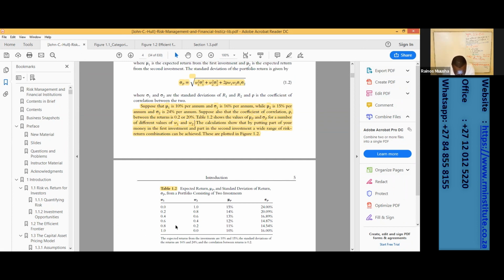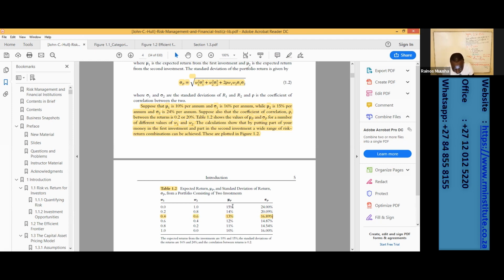What I'm going to do is quickly demonstrate how you would typically calculate the expected return of the portfolio and the standard deviation of the portfolio given the different weights. And what I'm going to demonstrate on the board is how they are getting these values, given that the weight of asset 1 is 0.4 and the weight of asset 2 is 0.6.